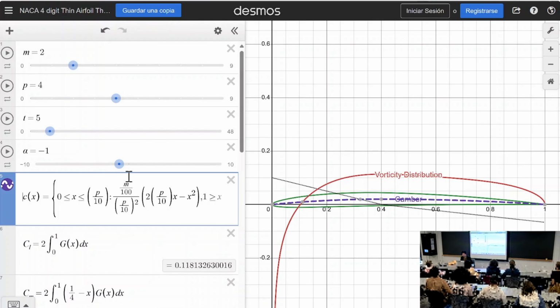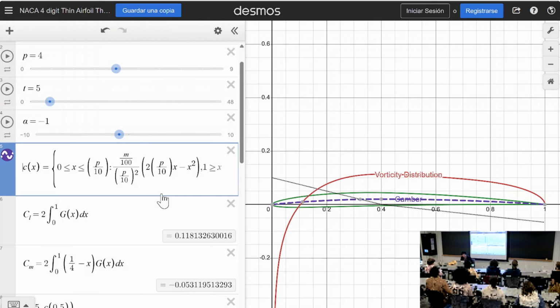The only thing to understand is that this formula actually gives you a slope of the camber line that's straight in 2 segments, right? So the black line is the slope of the camber. Is it clear what I mean? Like the slope is positive over here because at the leading edge the camber goes up, right?